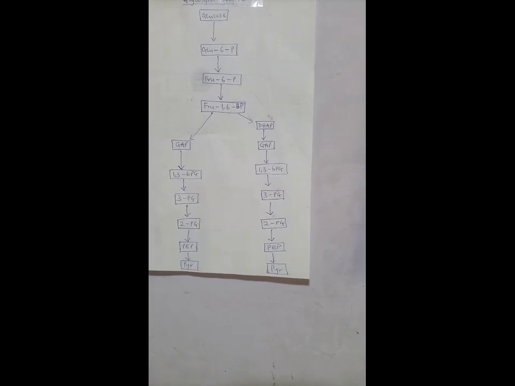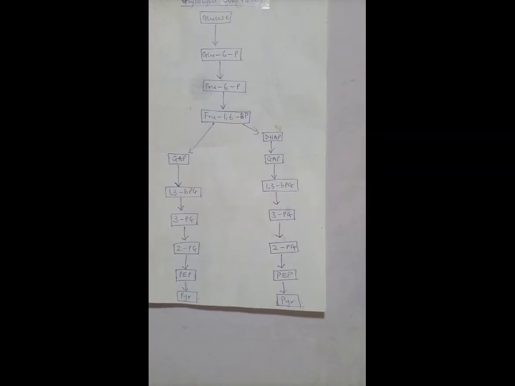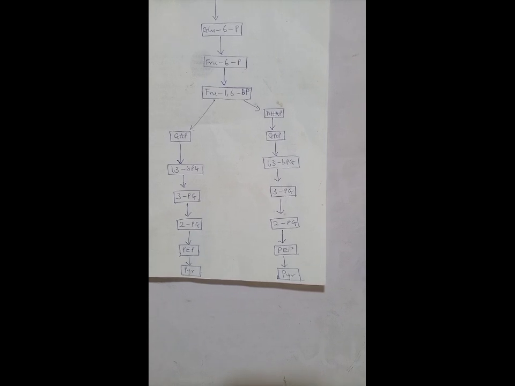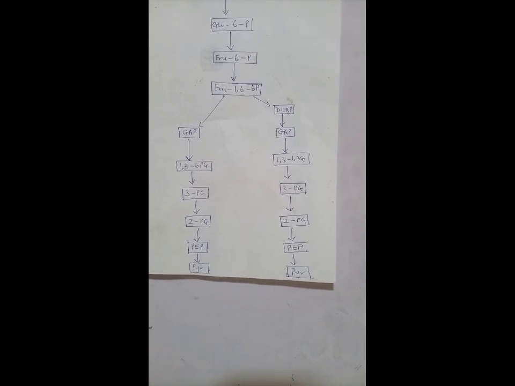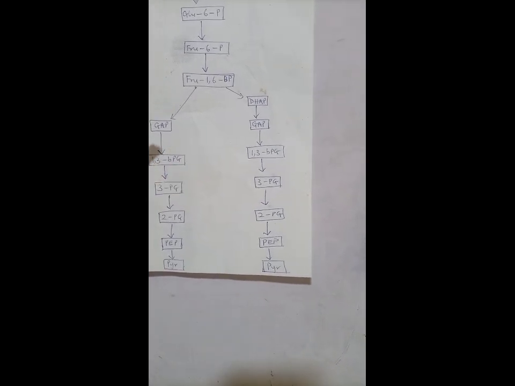Glucose is converted to glucose 6 phosphate, and from glucose 6 phosphate to fructose 6 phosphate, and to fructose 1,6 bisphosphate. Now, fructose 1,6 bisphosphate splits, giving you glyceraldehyde 3 phosphate and dihydroxyacetone phosphate, which are designated as GAP and DHAP.